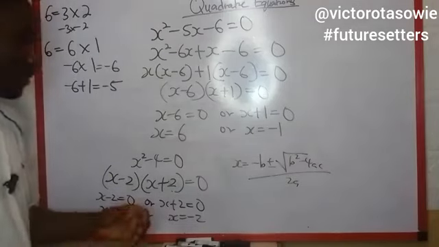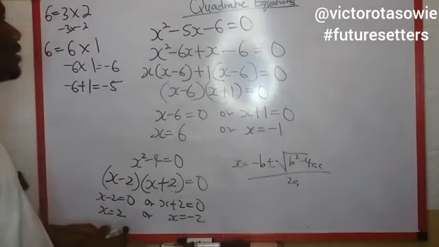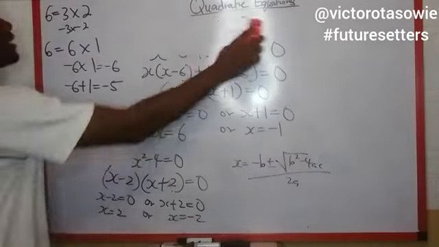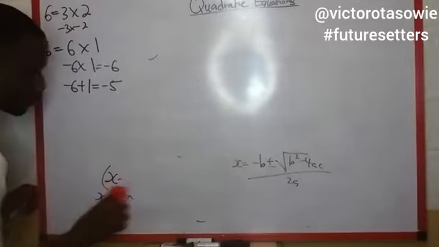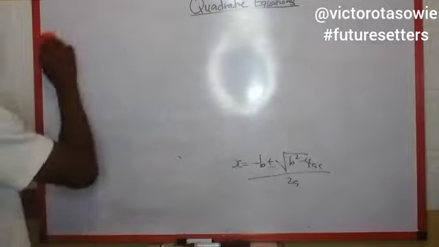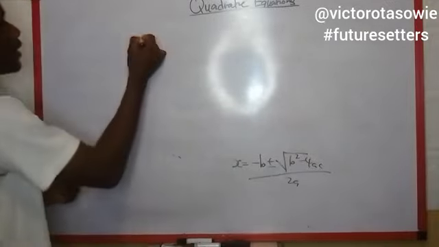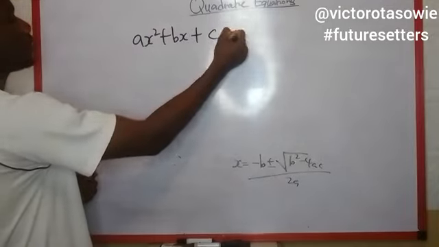Like I said at the beginning, all quadratic equations follow a particular format, which I'm going to write on the board: ax squared plus bx plus c equal to 0.